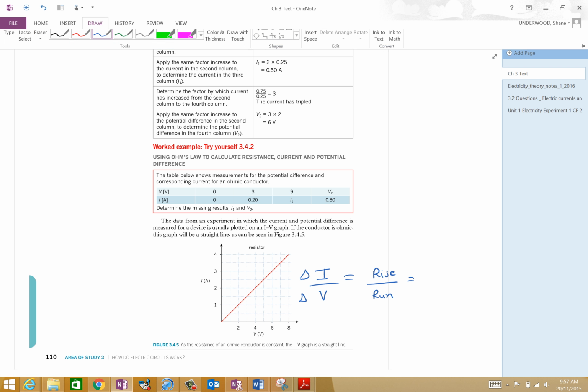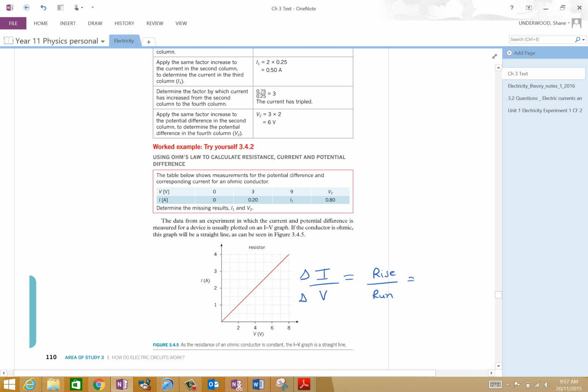So I could get that from that graph, but just be careful. If I get a nice point, say here, that looks to me as though that is 3 volts, that is 1.5 amps. So the rise is 1.5. The run is 3. Now that is the same as 1 over 2, isn't it?